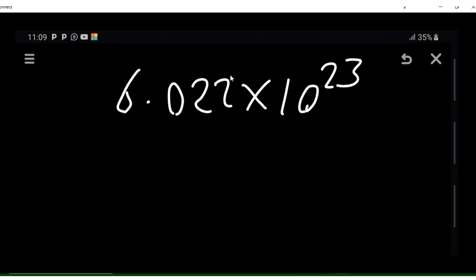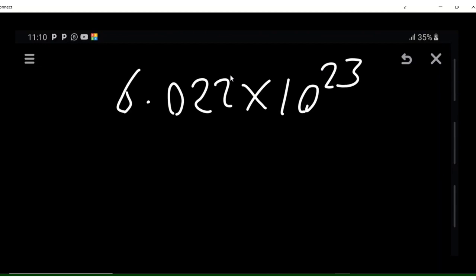So when you have a sample of a natural element, with the mass expressed in grams, it contains 1 mole of atoms.